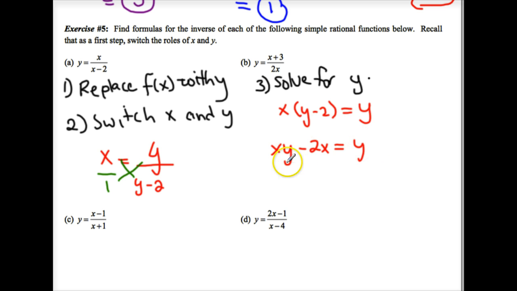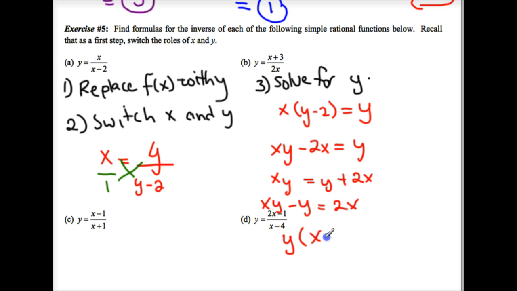I want to combine all my y's together. So I'm going to bring this y over and take that over. So this becomes xy is equal to y plus 2x. Now I'm going to take the y over. xy minus y is equal to 2x. Now looking at this, they have a y in common. This becomes y times x minus 1 is equal to 2x.